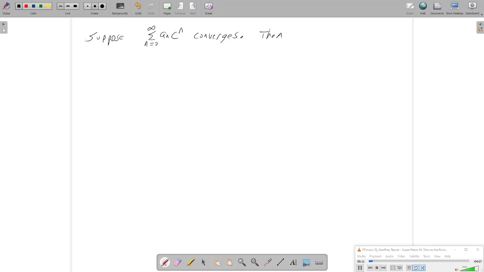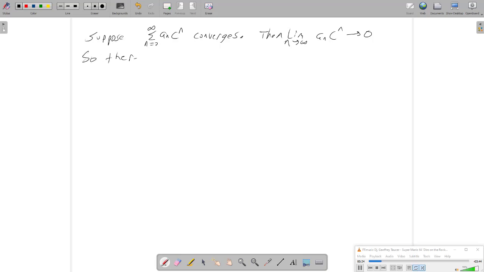Then the limit as n goes to infinity of a sub n c to the n has to go to 0. We know that is true by the theorem we proved right before, the nth term test. It was actually the result that gave us the nth term test.